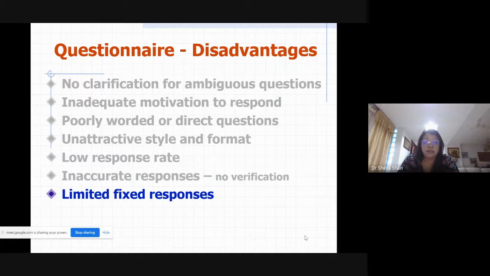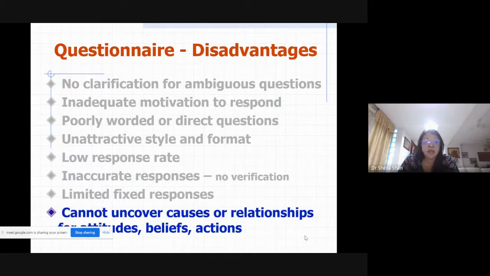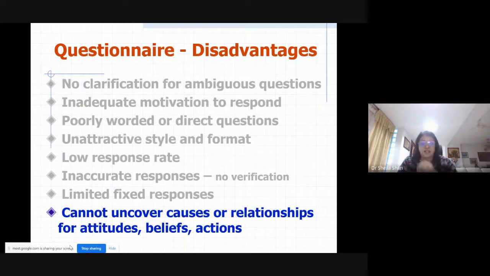Cannot uncover causes or relationships, beliefs, attitudes, actions. You can know they have a poor attitude, maybe towards recycling, but the causes you cannot find out. For causes, why they are doing that, you need qualitative research.